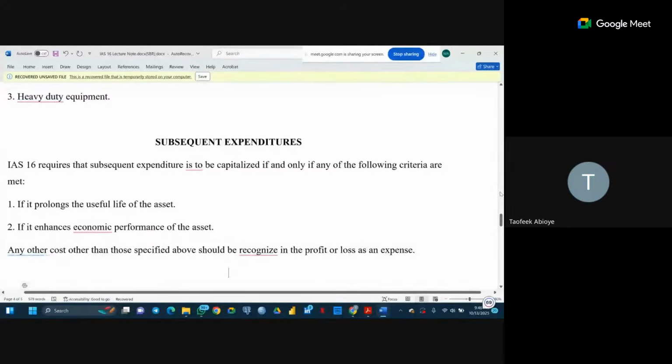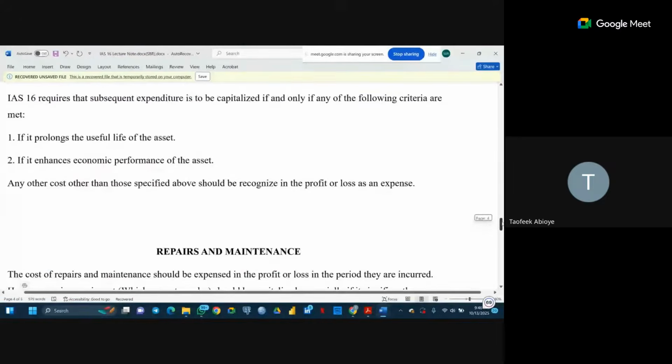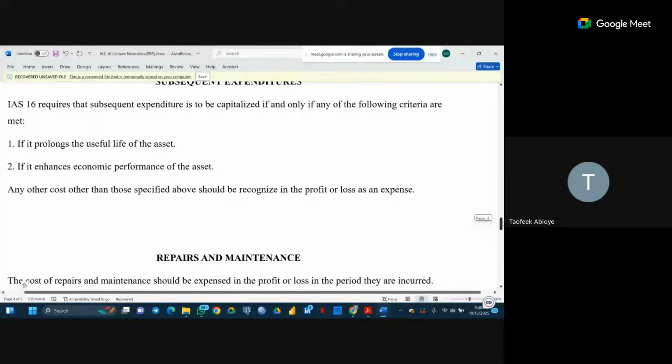If you carry out a major repair on your plant, a major repair on your motor vehicle, which is going to enhance or improve the performance of that particular motor vehicle, that means the cost incurred to ensure that is put in place can be capitalized. So any other costs other than those specified above should be recognized in profit or loss as an expense, because any other cost that does not provide these two major criteria should be expensed.